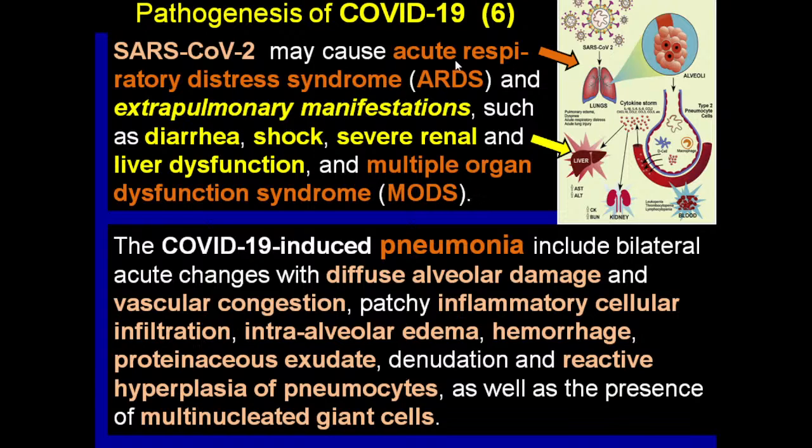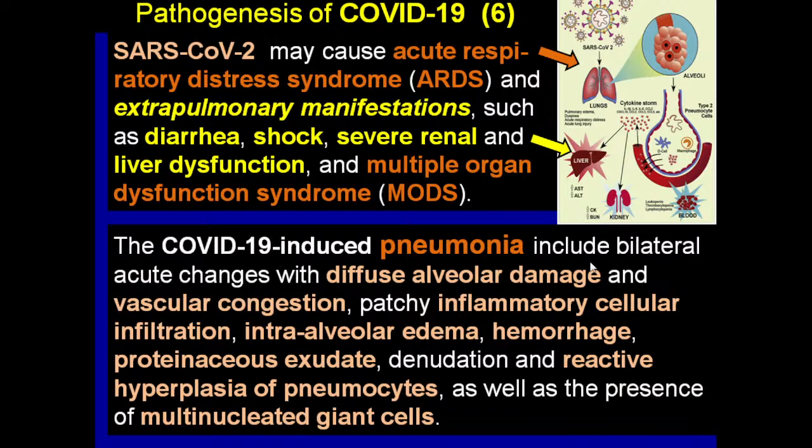Then, except for the acute respiratory distress syndrome and extrapulmonary infestation, COVID-19 may cause extrapulmonary diarrhea, shock, severe renal and liver dysfunction that we label as multiple organ dysfunction syndrome.